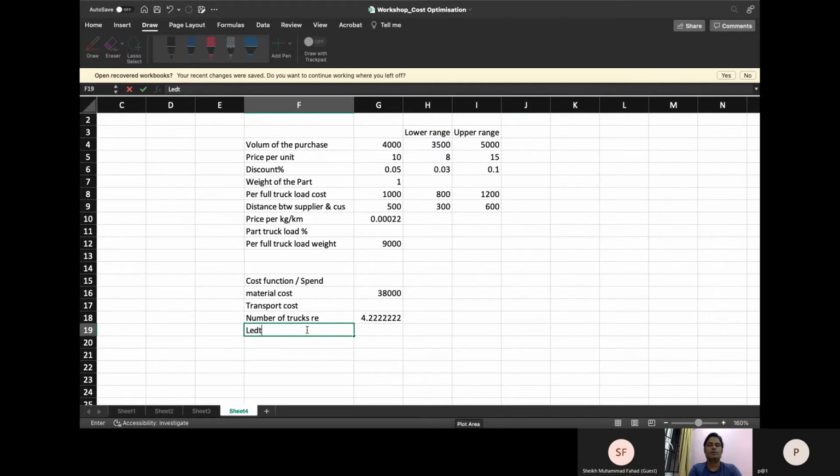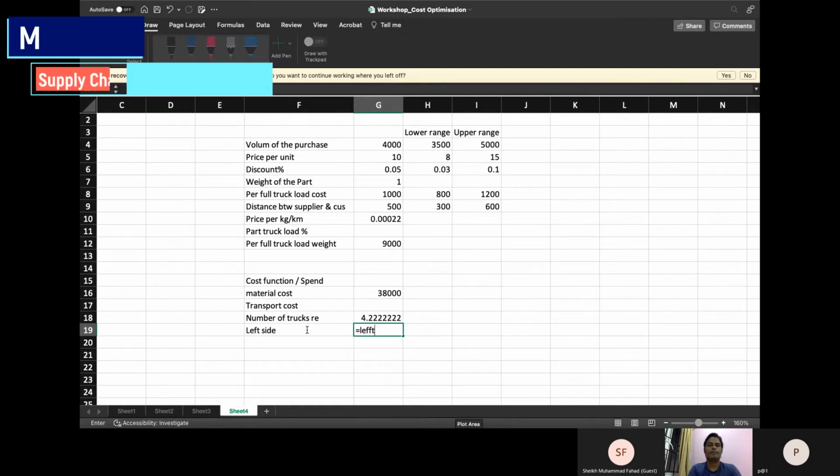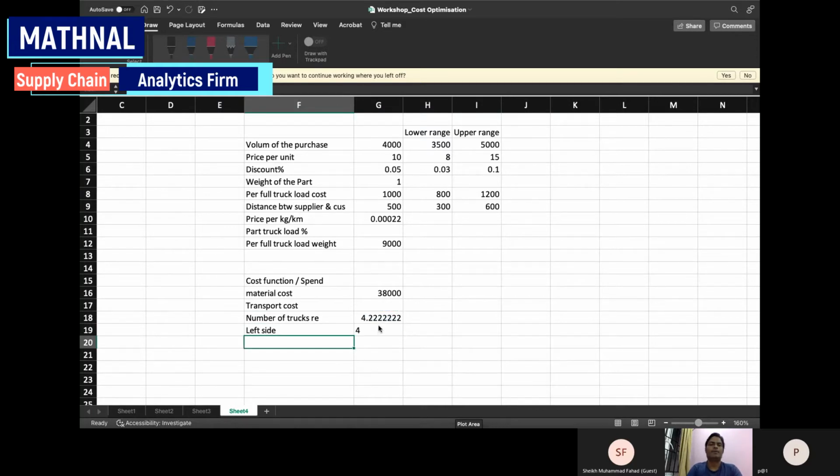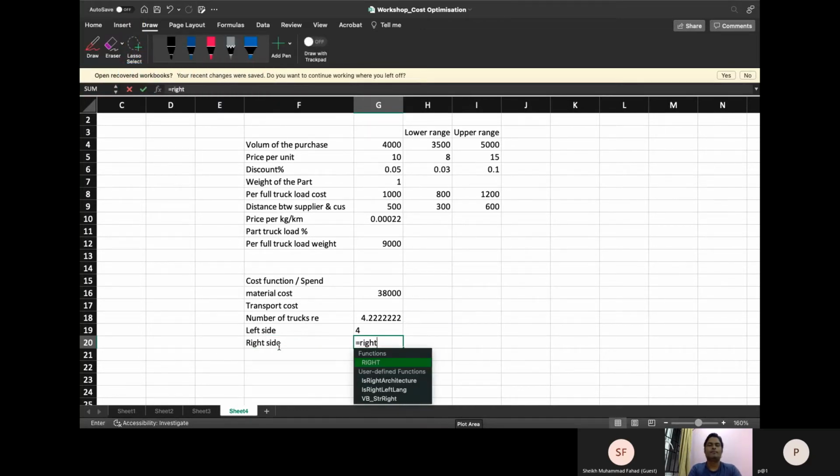So we'll split this into two parts. Using the formula, the left side gives us 4, the full trucks, and using the formula for the right side, we get 2 by 100, so it's 0.22.